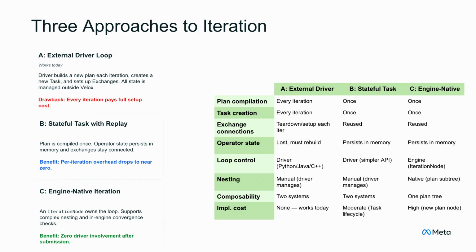Here we can consider adding a new iteration node inside the query plan, and the engine itself owns the loop entirely. It's the most powerful approach, but it may take the highest implementation and testing cost. So the right approach depends on your performance targets, how many algorithms you want to support, and how fast you want to ship it.